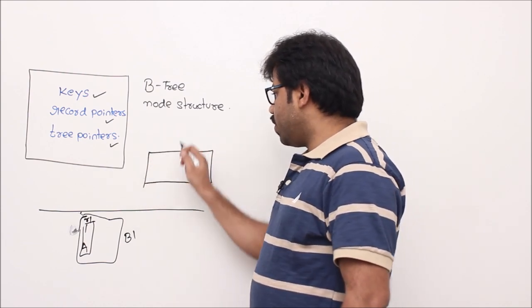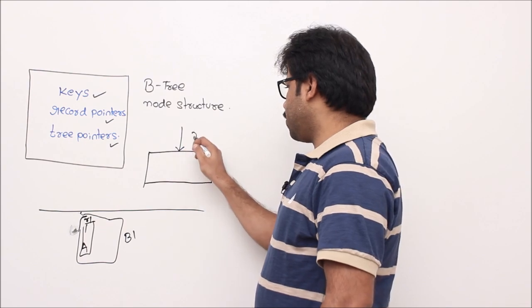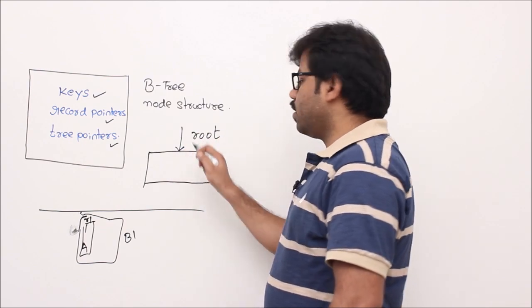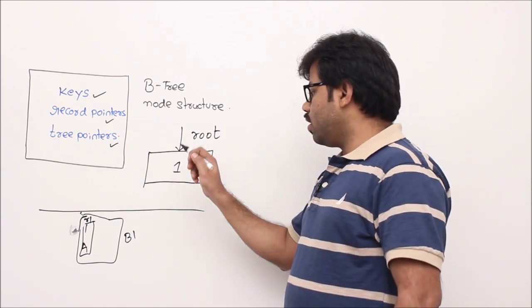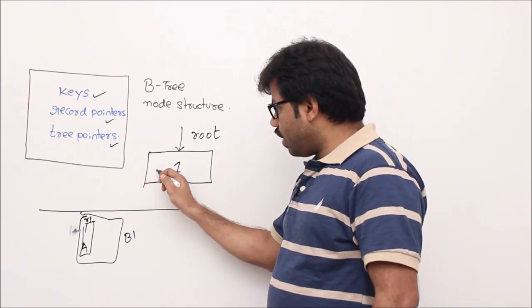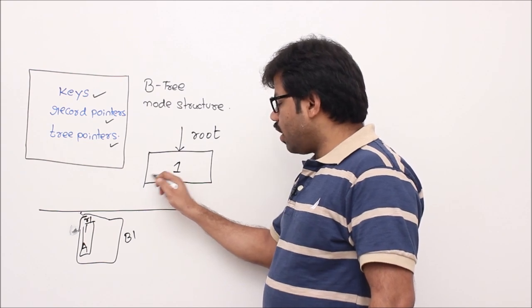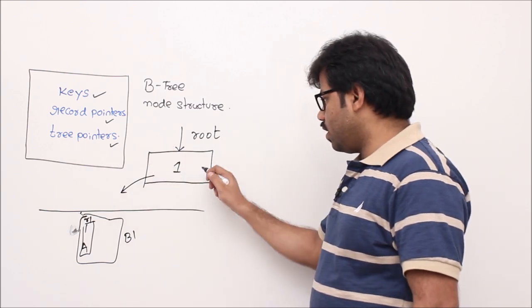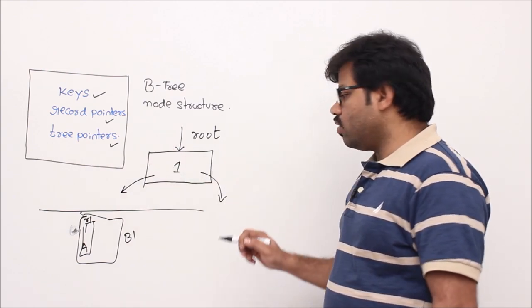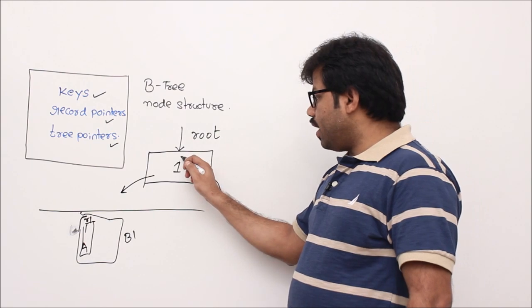Now this is my first node in the B tree. It's the root, and of course also a leaf. In this root I write 1, and on the left I have a space, in which I write null, to say that nothing is there on the left side. On the right there is also nothing. I also have a space for maintaining the record pointer.